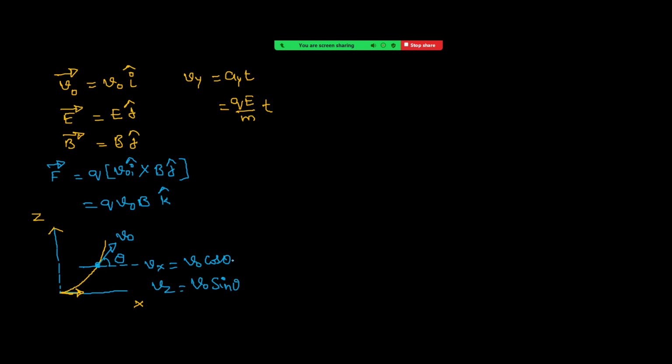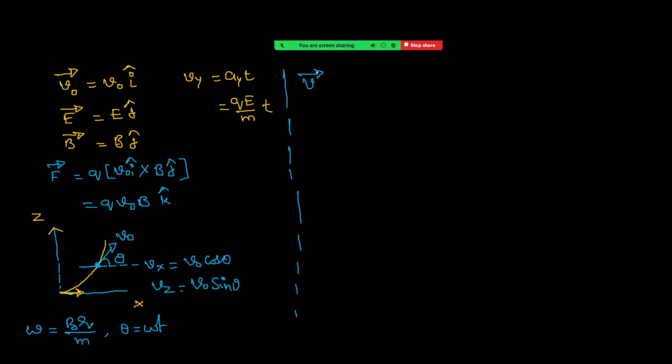In the place of theta, we can write omega t because he is asking to express as a function of time. And we know that omega equals bq by m. So I can write theta equal to omega t. Now we have the x component, y component, and z component of velocity.